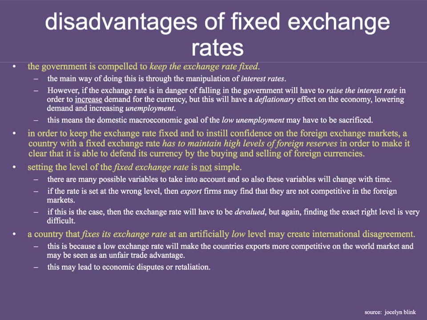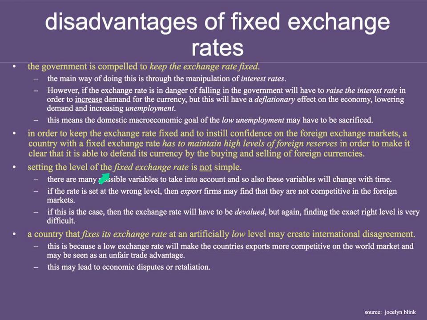Okay? Secondly, in order to keep the exchange rate fixed and to instill confidence on the foreign exchange market, a country with a fixed exchange rate has to maintain high levels of foreign reserves in order to make it clear that it is able to defend its currency by the buying and selling of foreign currencies.